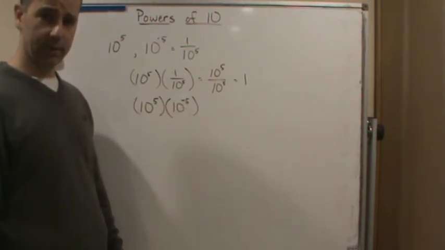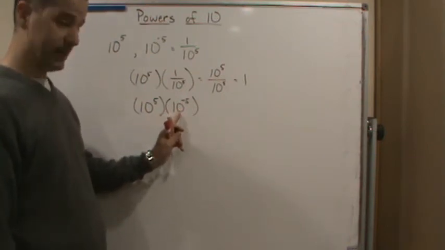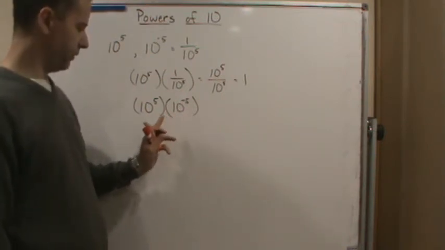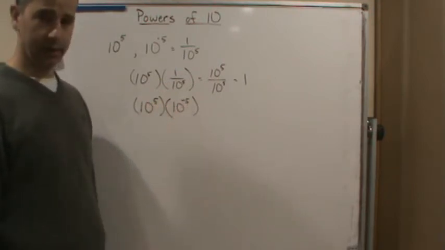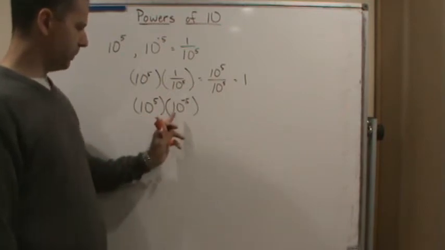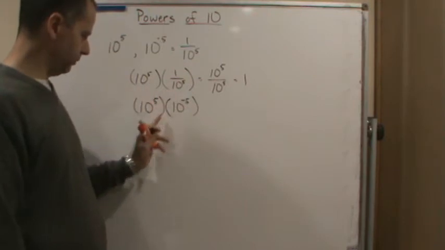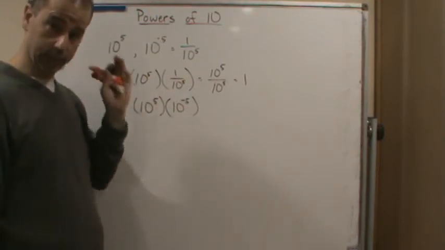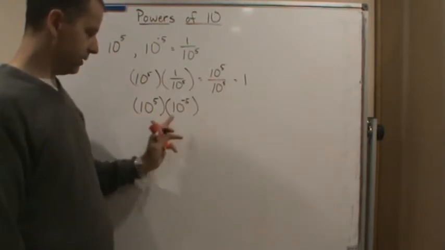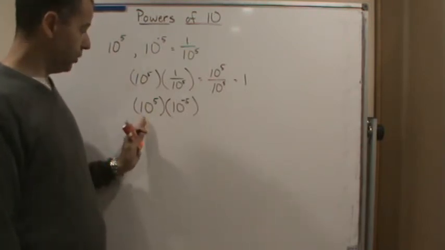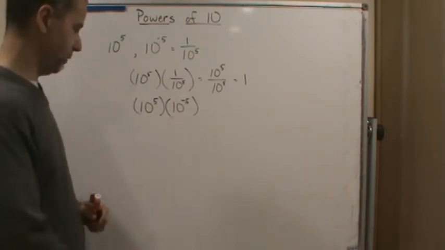One of the laws of exponents is that when you have the same base, the 10 we call the base, and the 5 and the negative 5 are the exponents. This is called an exponential because it's written in exponential form.